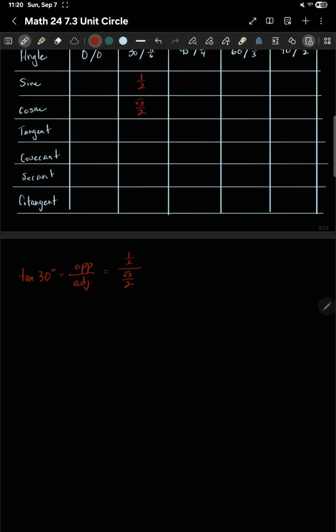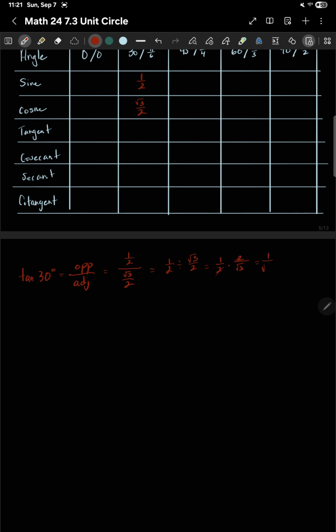And so you see they both have 2's on the bottom, or we can do the algebra the same way, which is 1/2 divided by square root of 3 over 2. And we don't like dividing fractions. Instead, what we like to do is multiply by the reciprocal. So multiply by the second fraction flipped in layman's terms. So now we can cancel the 2's.